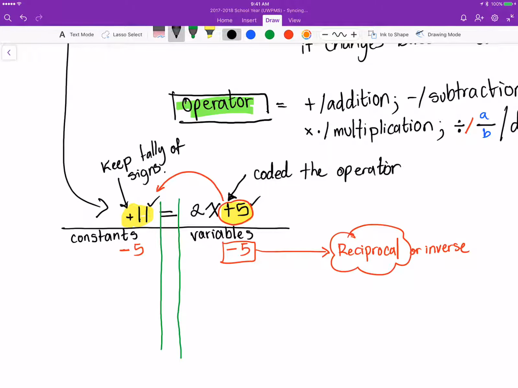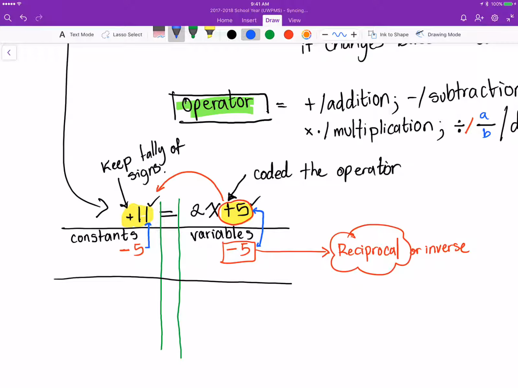Okay, so I'm going to trace the line over. I'm going to rewrite my equation. I'm going to start with these two right here, in a different color so you can see a difference, and these two right here.